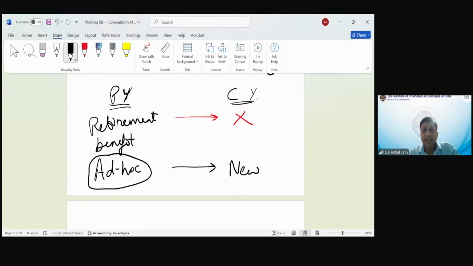Now, in this case, employer has decided that every year, so I'm just bringing in this policy. So you may be thinking, sir, where is it written? That's only for your explanation. Let's suppose employee says that at the time of retirement, 10 days salary for each completed year of service will be provided.